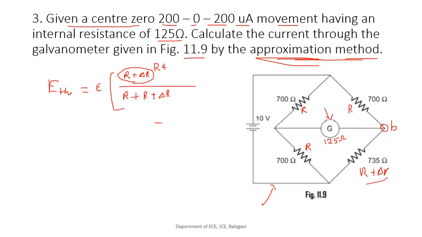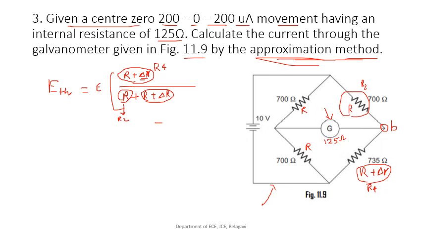You can see this one, R4. Then this R is your R2, you can see this one here. And then this one is again your R4. I hope you can understand. The R plus delta R I have written, this delta R indicates there is a difference.